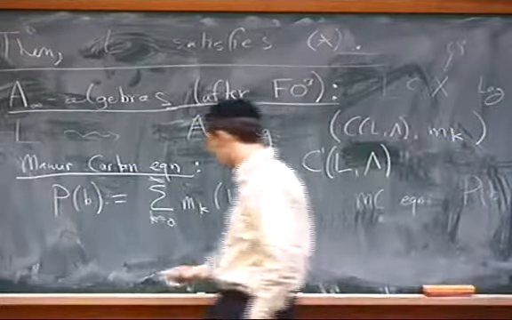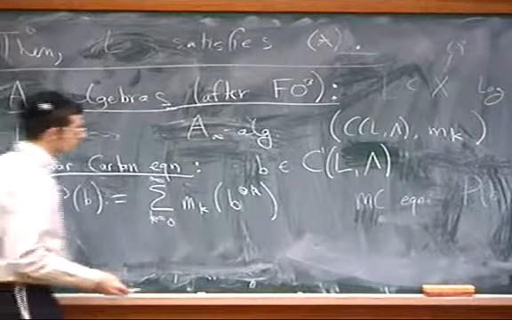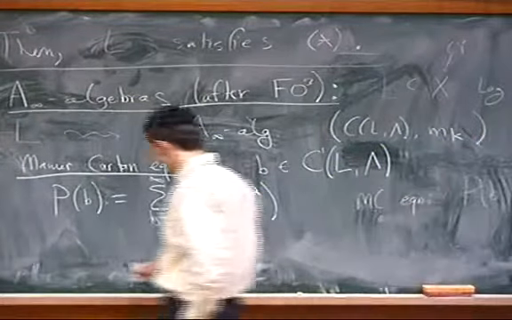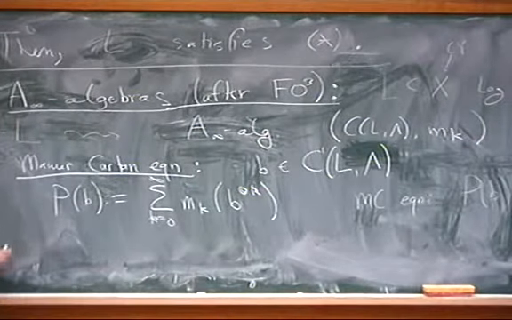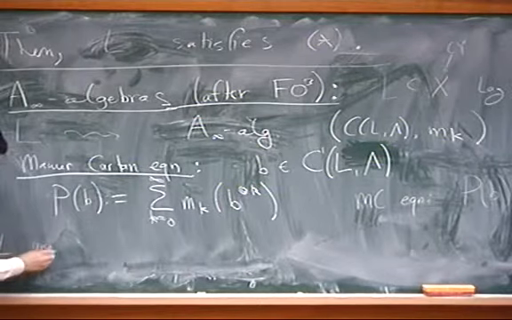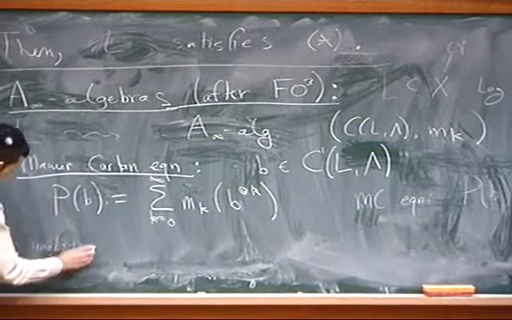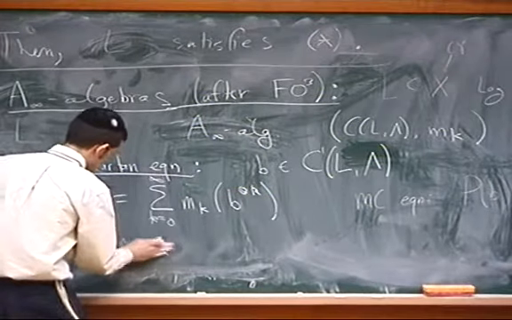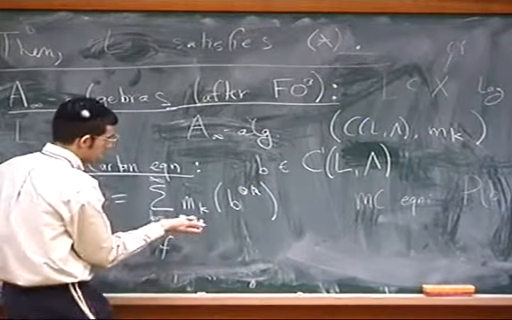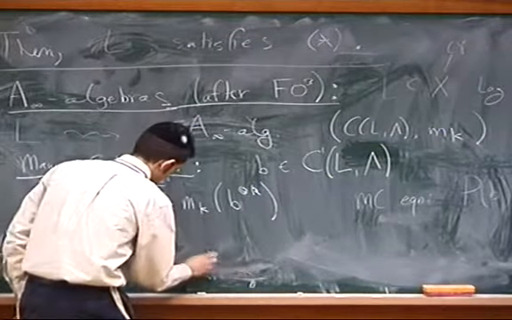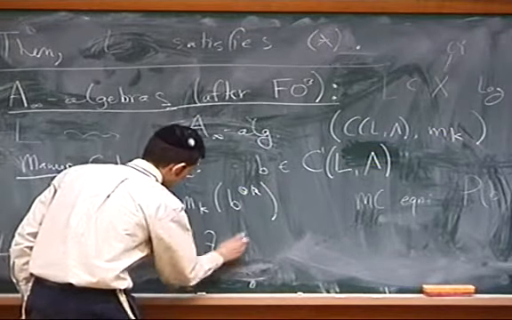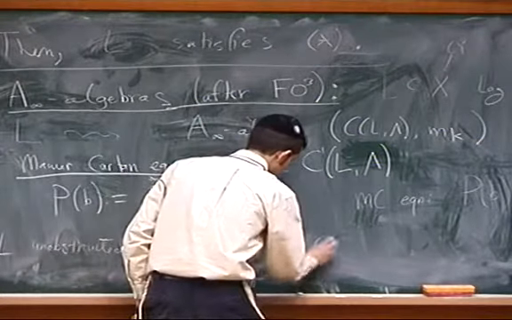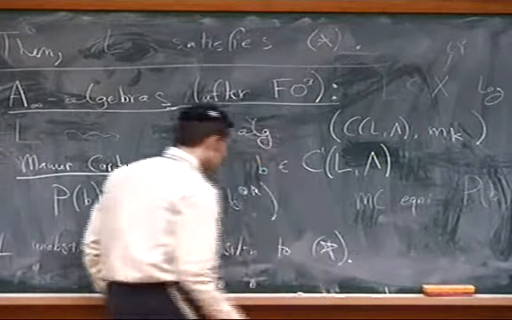Okay, so this is star, the other kind of star. L is unobstructed, by definition, if there exists a solution to the Maurer-Cartan equation.